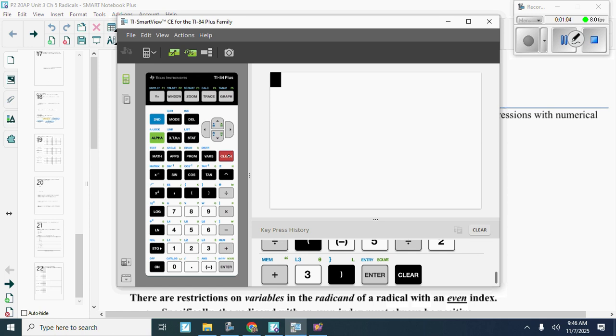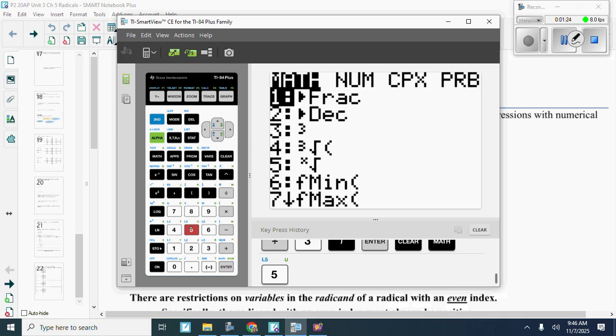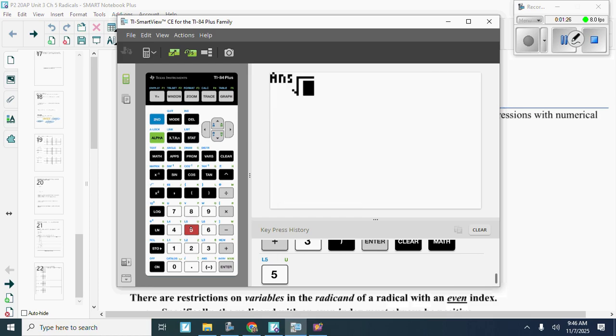Depending on the version that you have, if you hit math, you're going to see that they have a built-in cubed root, and then they should also have an X root, where you can tell it what the index is. On some calculators, you can just hit the number 5. On my calculator, I have to put the number in first, and then tell it.